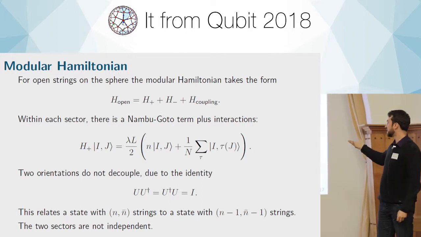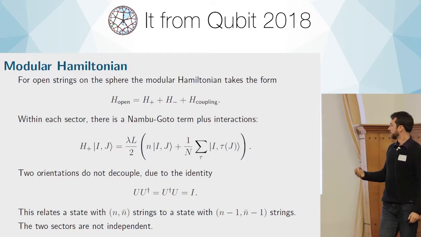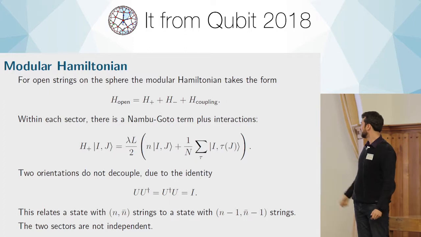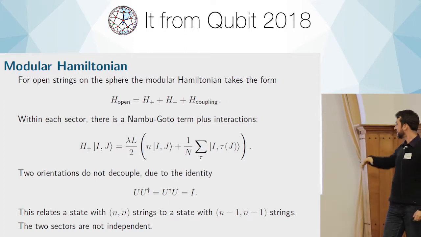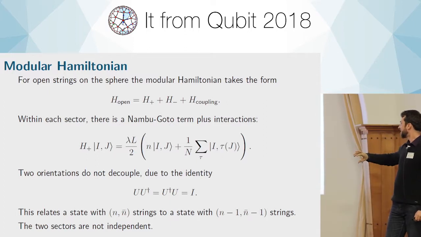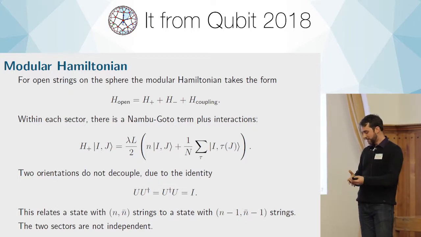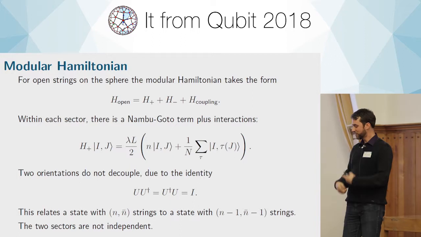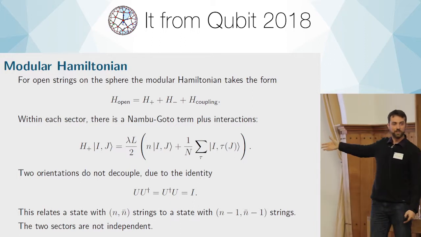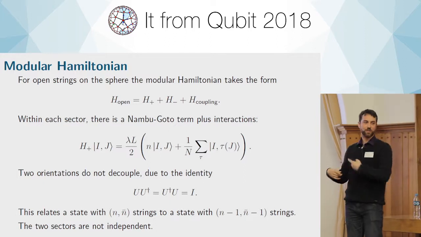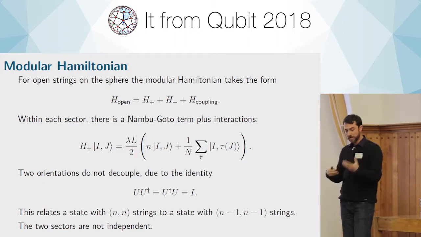In fact, the states aren't independent from each other. The equations U dagger equals identity and U dagger U equals identity tell you that certain states with n strings going one way and n bar going the other way are equivalent to certain states with n minus 1 and n bar minus 1 strings. So the two sectors aren't independent.